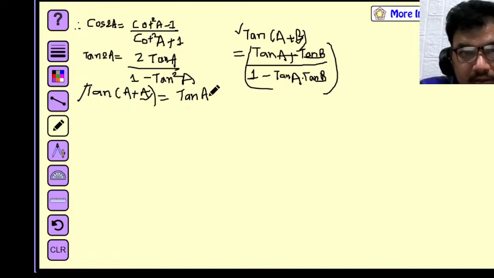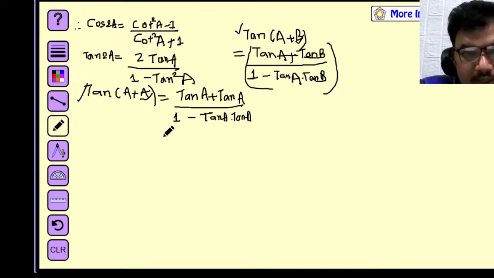Tan A plus, right here in place of tan minus tan A. Tan A plus tan A by 1 minus tan A into tan A, both are tan A there.